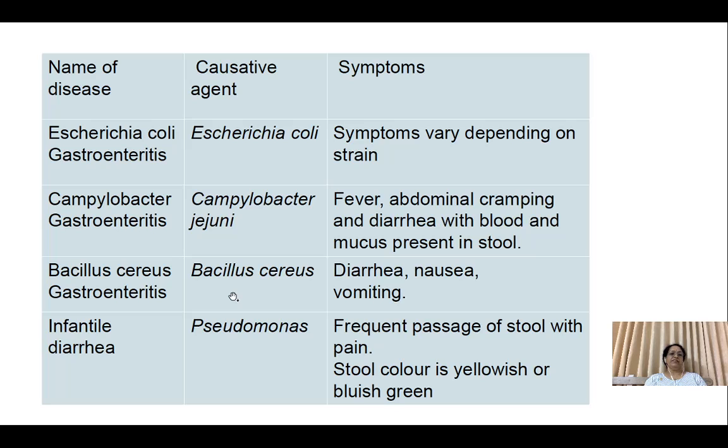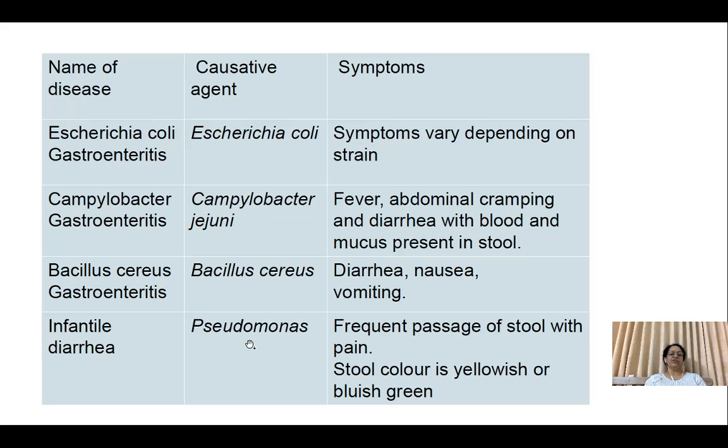Next causative agent is Bacillus cereus. This causes Bacillus cereus gastroenteritis. There is diarrhea, nausea, and vomiting like other gastrointestinal tract infections. Some species of Pseudomonas also cause a disease of the gastrointestinal tract called infantile diarrhea.